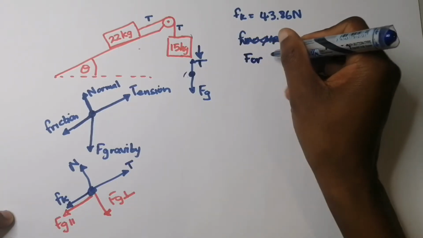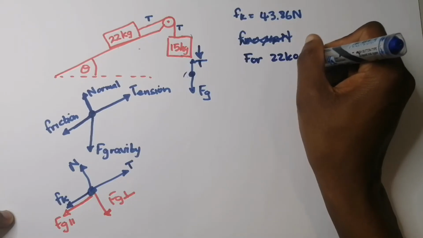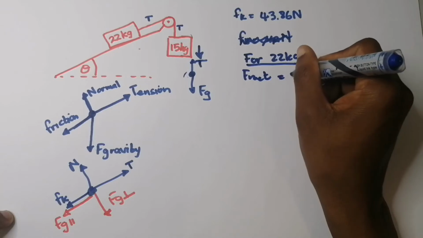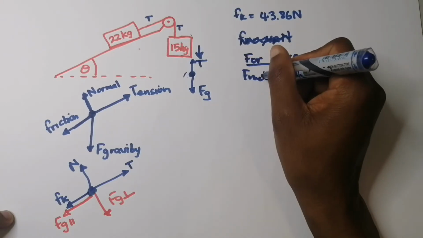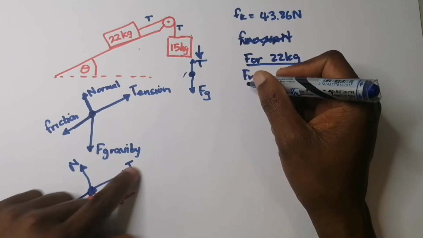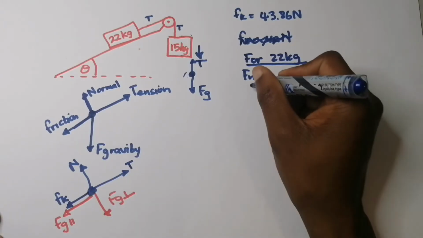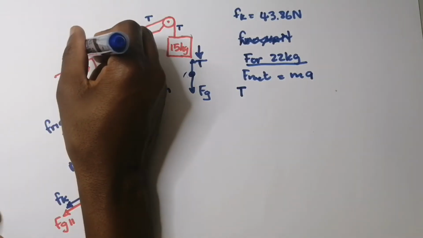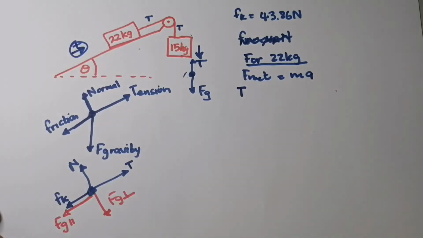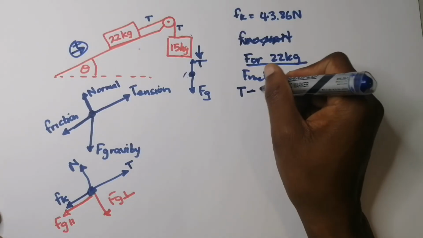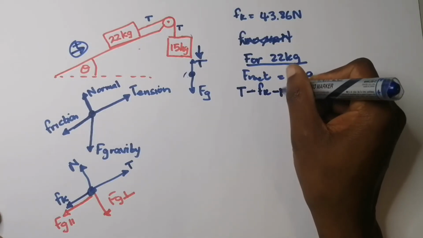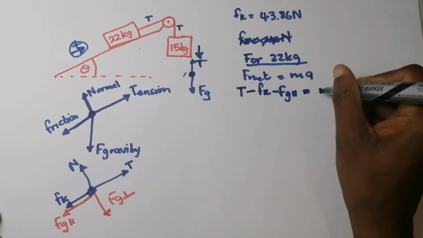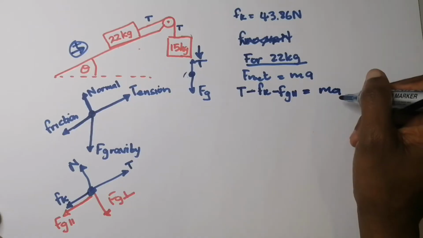So then I would say, now let's look at the forces that are acting on the parallel, right? For the 22 kg block, I'm going to say, well, I know F net is equal to MA. All right, so what is my F net? I'm going to look at forces that are moving parallel. So that's going to be tension. I'm going to take the direction of motion as positive, by the way. Okay, so that's tension minus frictional force minus the parallel component of gravity, and this is equal to MA, right?